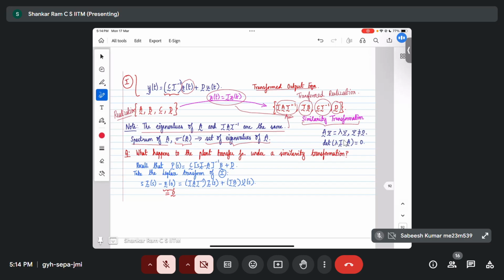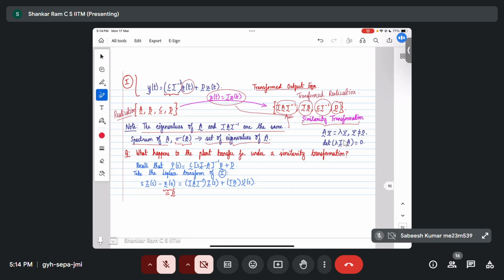One can show that the eigenvalues of A and TAT inverse are the same. And from the perspective of our course, why do you think this becomes important? If we recall our discussion on stability, what was the condition for stability as far as the eigenvalues of the state matrix were concerned?